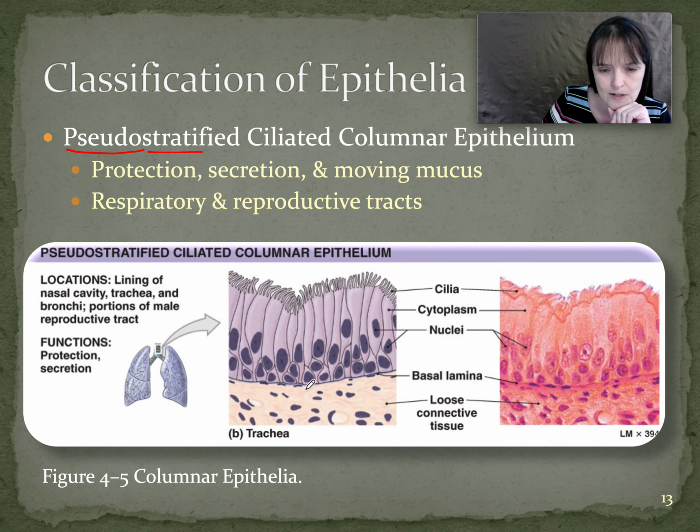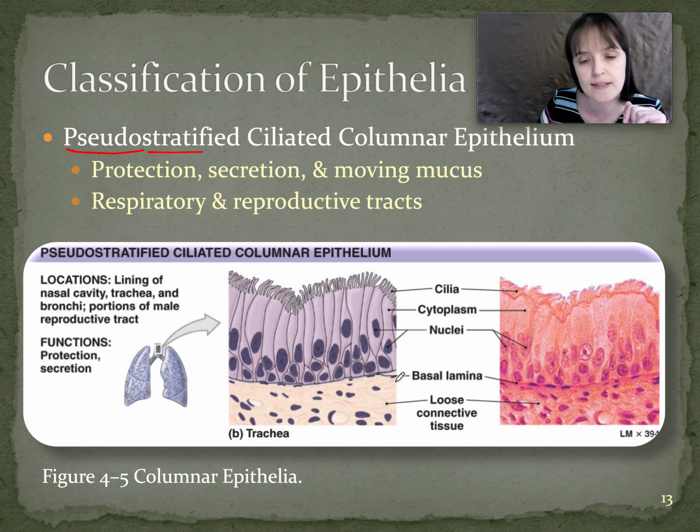So here's how that works. The nuclei are at different layers, so it looks like a layered epithelium. But if you follow each cell, and of course we can't follow each and every cell because we'd have to kind of dissect it for that, but they are all touching the basement membrane.